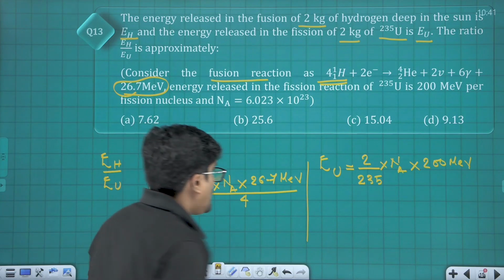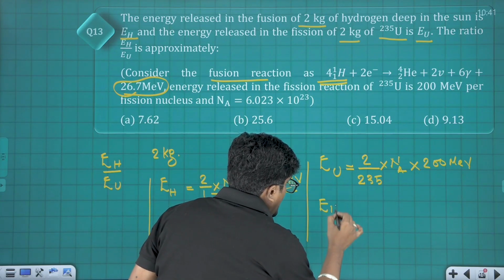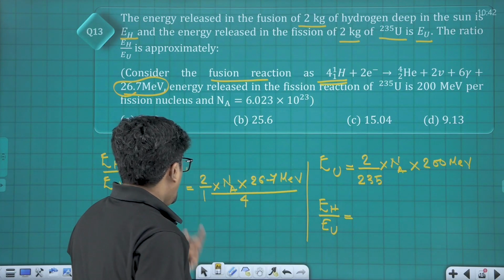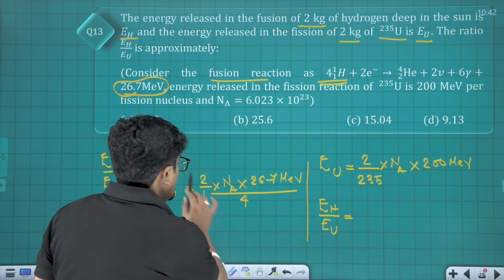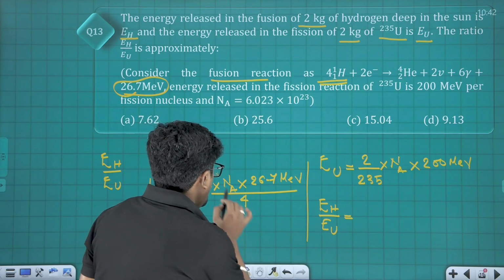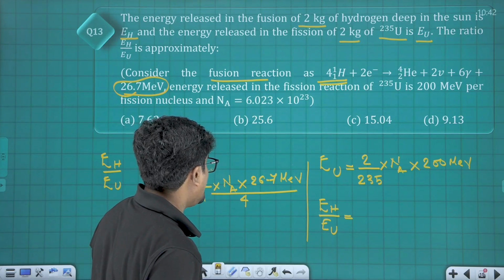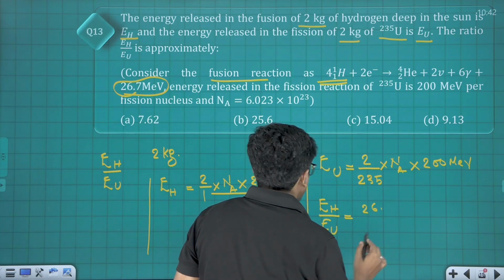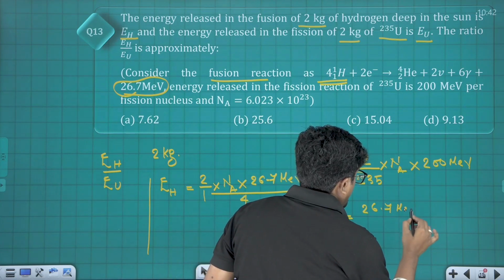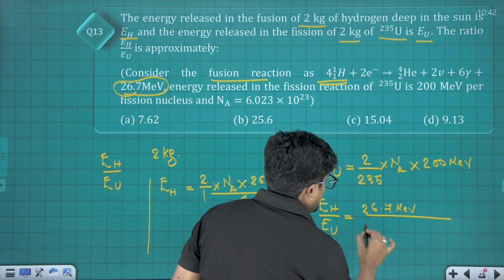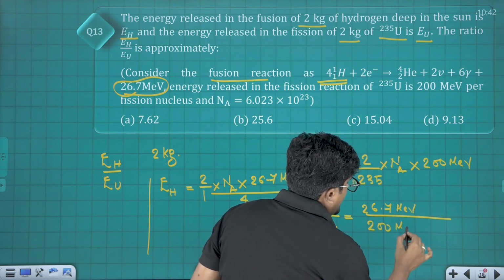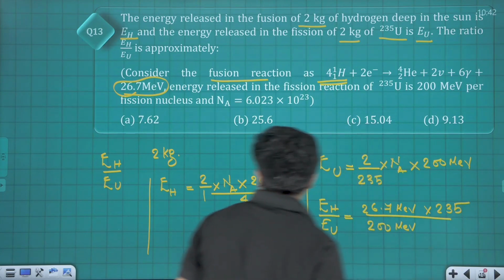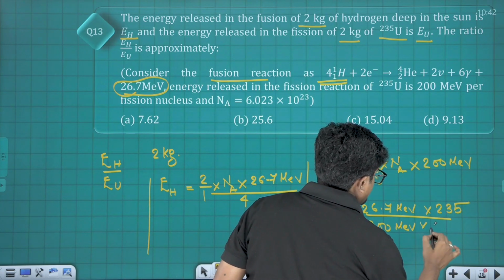Now we need EH upon EU. This is the ratio that we need. Once we take the ratio, definitely 2 and 2 will cancel each other. Na and Na will cancel each other, isn't it? And we are going to be left with 26.7 mega electron volt all divided by 200 mega electron volt into 235 divided by 4 also will be there.